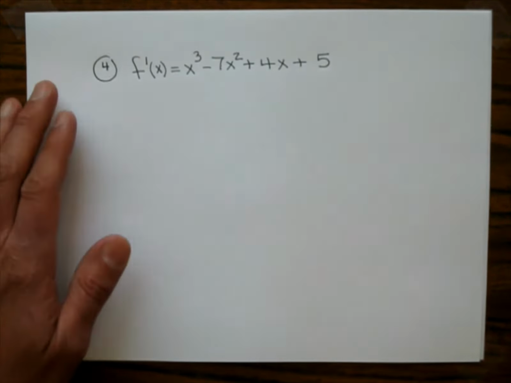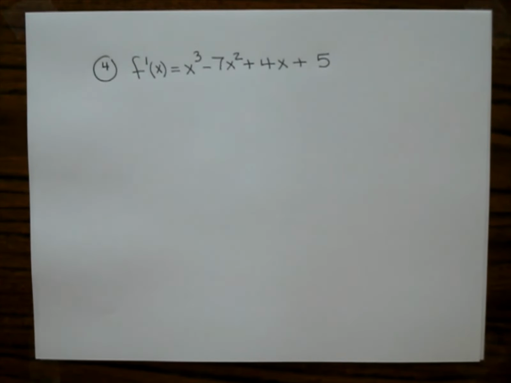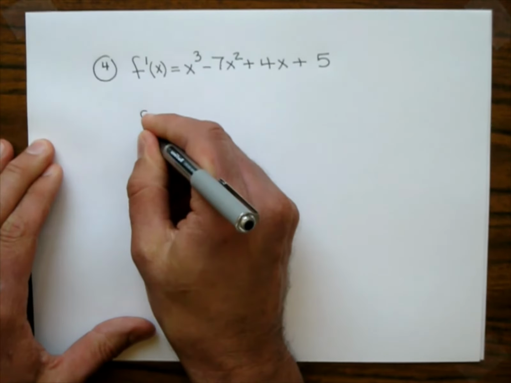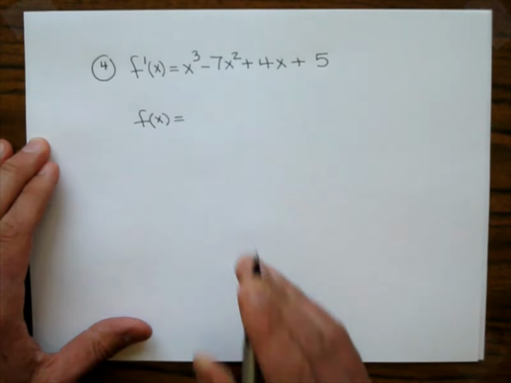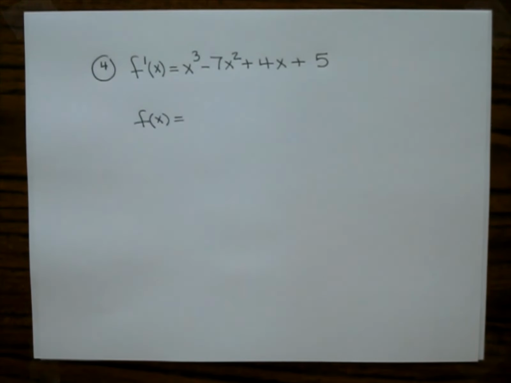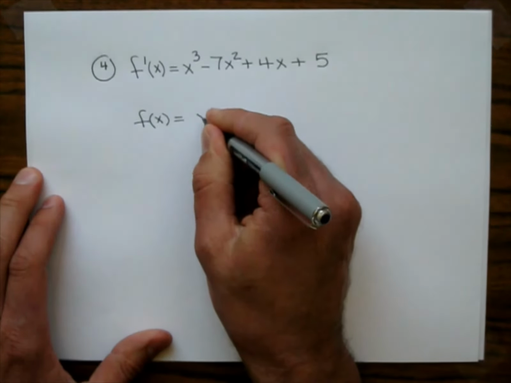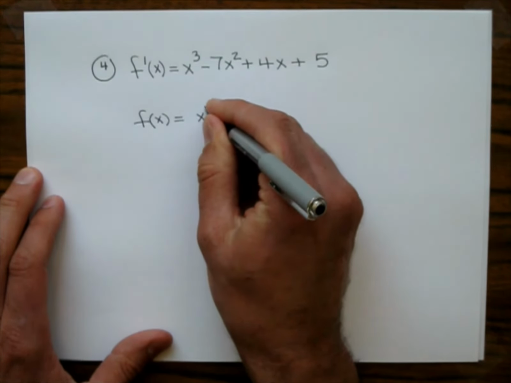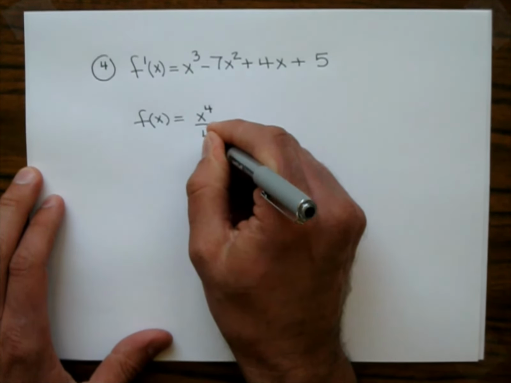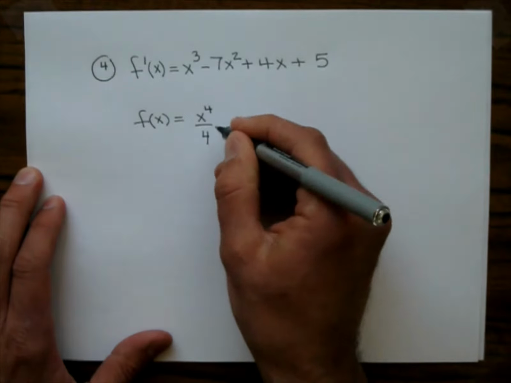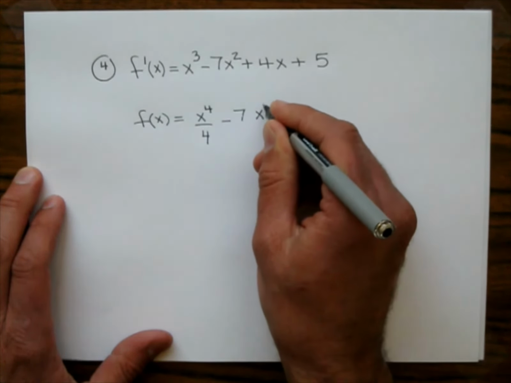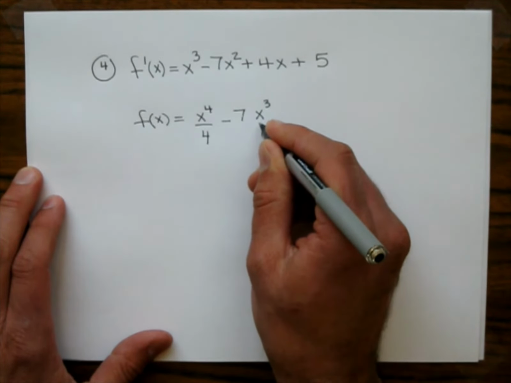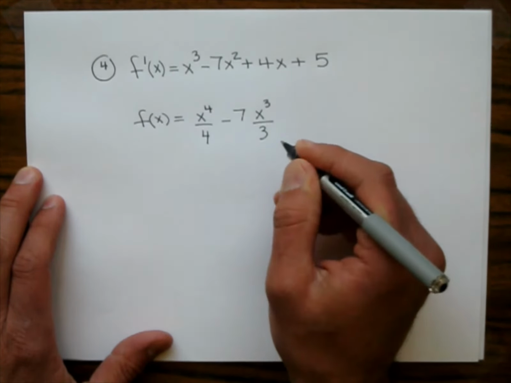We are to find f of x, or find the antiderivative, so that's really the same question. I'm going to do the power rule that we wrote down. We write this as x to the, we add 1, 4, and then put it over 4. The next term is minus 7, and then x, add 1 to that power, which is 2 plus 1 is 3, and put it over 3.